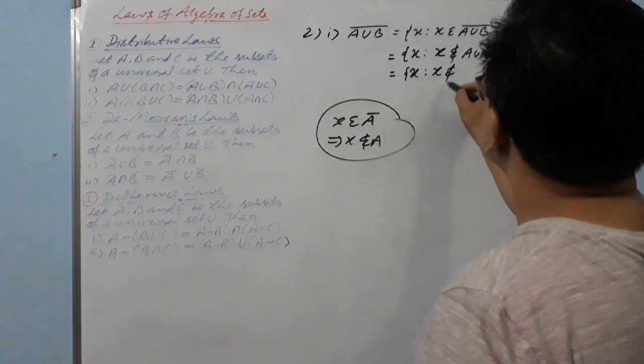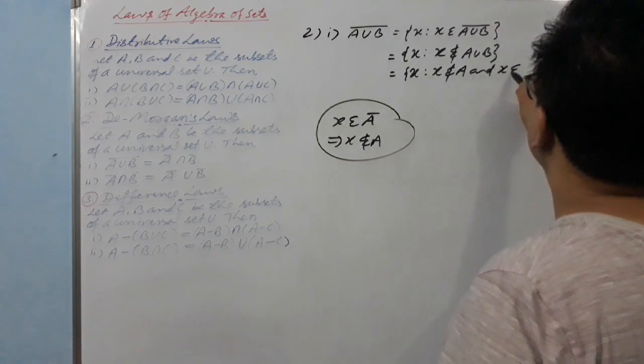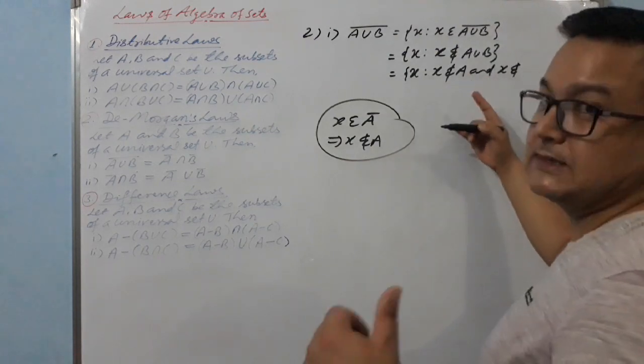X such that X does not belong to A and X does not belong to B. If you write "or" here, that's wrong.